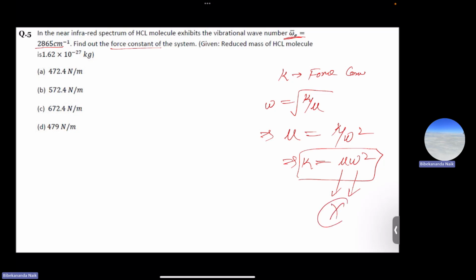But it is not correct, because this omega is not this omega E. So omega and omega E are different quantities. So we will approach it differently. These are the four options. I'll give you a few minutes to try this question, and then after some time we will discuss.